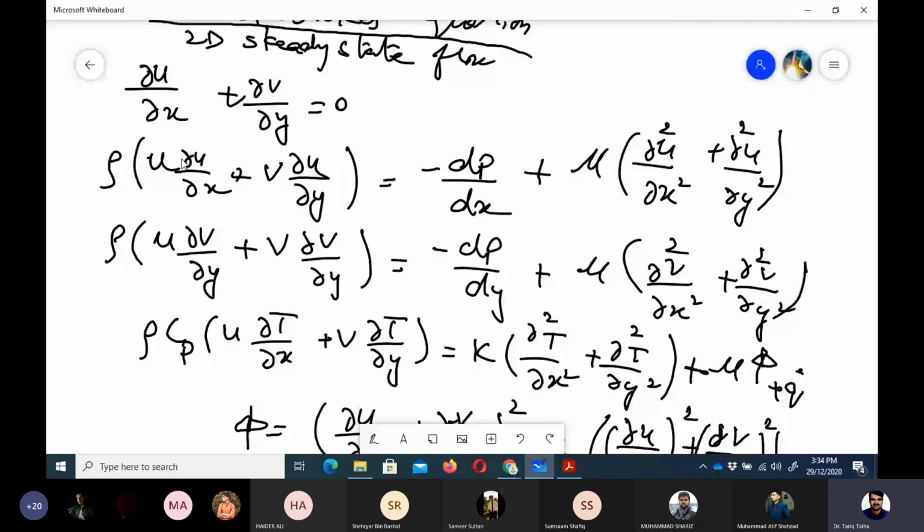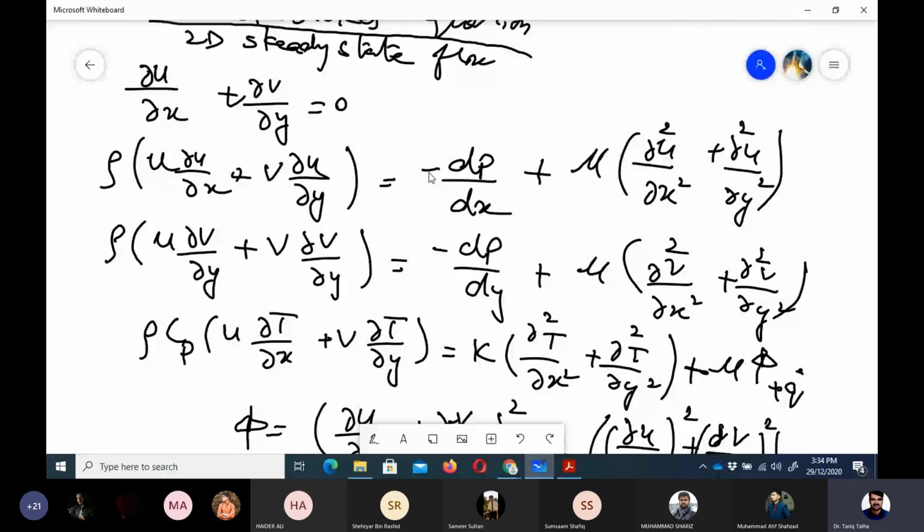You can easily see that a big numerical value is being multiplied with a smaller value which is not zero, so we cannot ignore it. It would remain, and then v into partial u by partial y would also remain. Okay, v is very small, but partial u by partial y is a very large value. So the left hand side would remain unchanged.